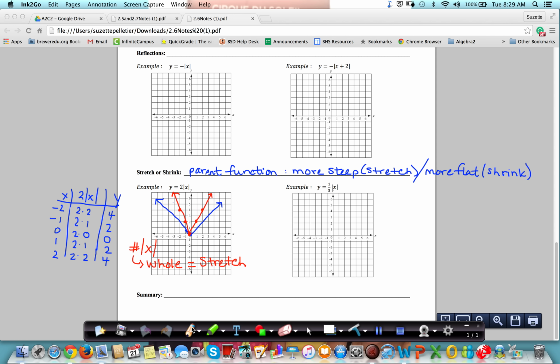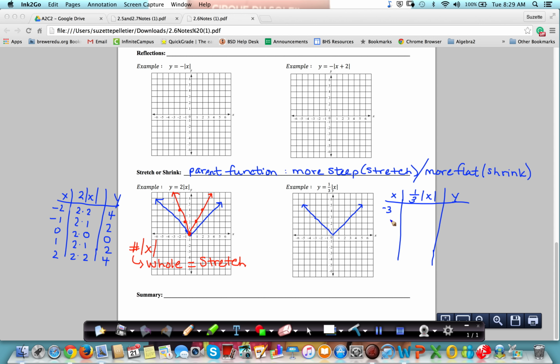Let's go ahead and try this one. I'm going to put my parent function in before I even get started. Okay, here's my parent. And then again, I'm going to do when x is, and plot some of these. Since there's a 3 here, I'm going to choose numbers that are divisible by 3 because I want this to be easy math for me.